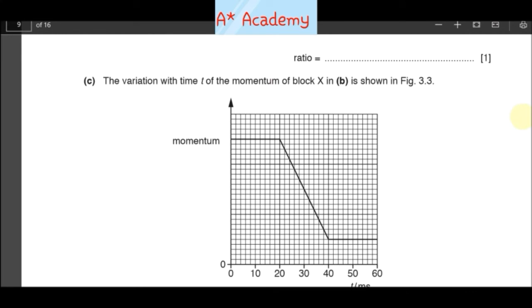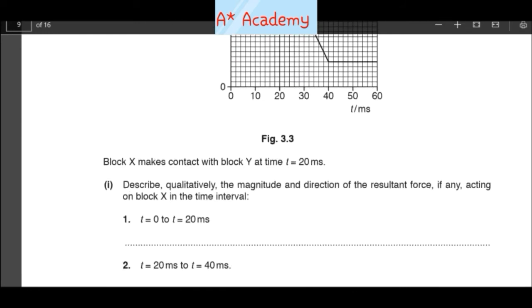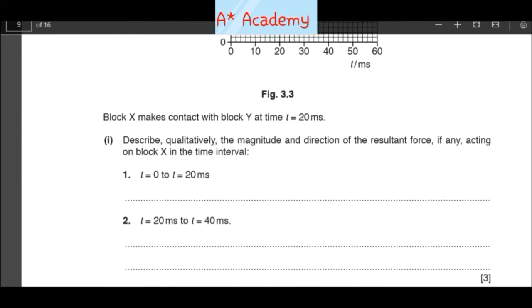Right, then we have this, the variation with time t of momentum of block X is given right there. What are we supposed to do? Block X makes contact with block Y at time t is 20 milliseconds. Describe qualitatively the magnitude and direction of the resultant force, if any, acting on block X in the time interval.